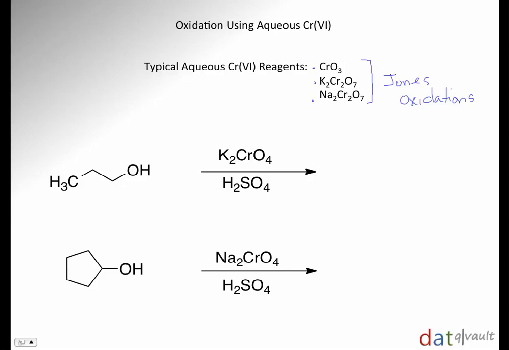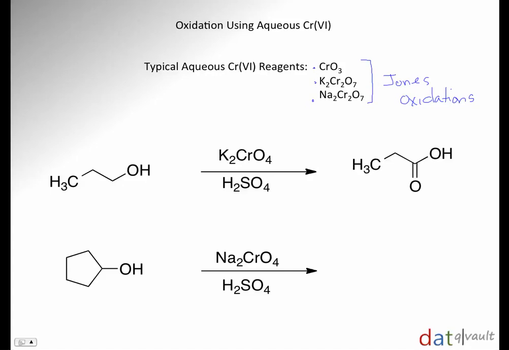Here are a couple examples. Our first example is a primary alcohol, and our second example is a secondary alcohol. Here we're using a couple of different Jones reagents. Like I said, all three of these will work in the same manner, but for them to work, you must do them in the presence of strong acid. In this case, we're using sulfuric acid. So if we mix a primary alcohol with potassium dichromate and sulfuric acid, we are going to oxidize this alcohol all the way up to the carboxylic acid.